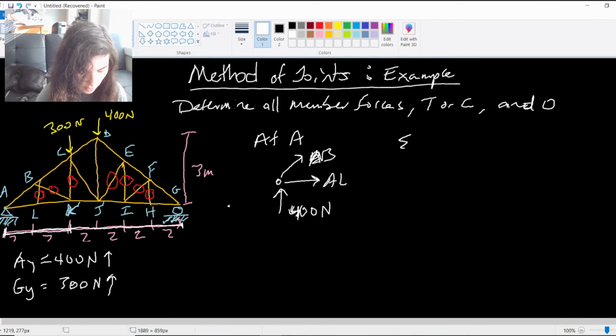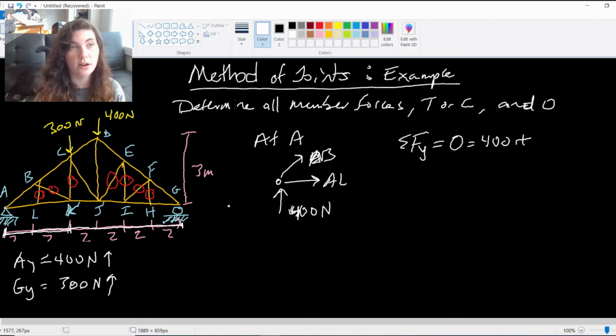Right, so sum of forces in the y direction equals 0 is going to be my 400 newtons from Ay plus the y component of AB. And you might be a little confused, like, what is the angle of AB? What direction is this going?